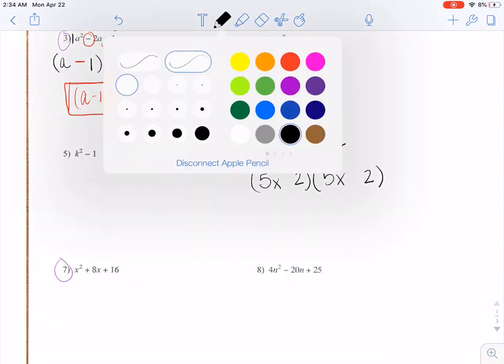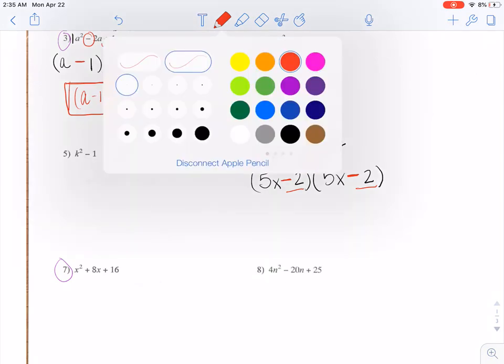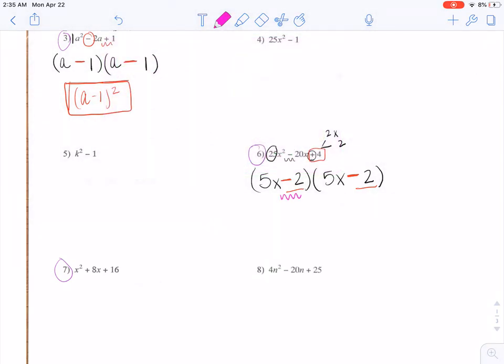Both of our signs are going to be negative because if we multiply 2 by 2, we get a positive 4, and when I multiply it out, negative 10 minus 10 gives us a negative 20x. So this would be our answer, or it can be written as 5x minus 2 squared.